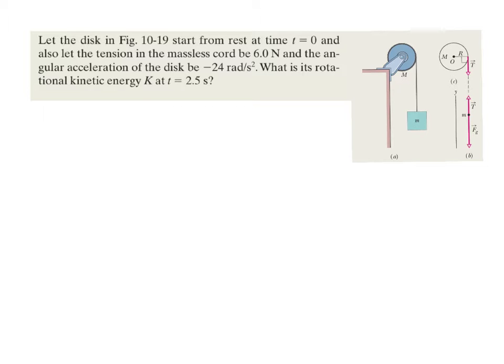Let the disk in figure 10.19, right out of your text on page 284, start from rest at time t0, and let the tension in the massless cord be 6 newtons, and the angular acceleration of the disk be negative 24 radians per second squared. What is the rotational kinetic energy K at the time t equals 2.5 seconds?